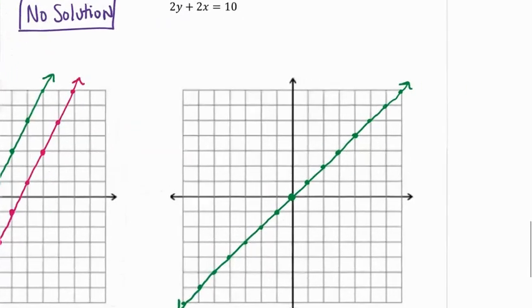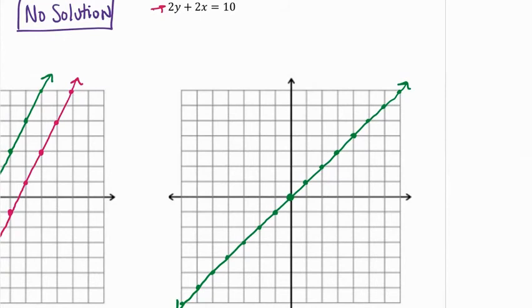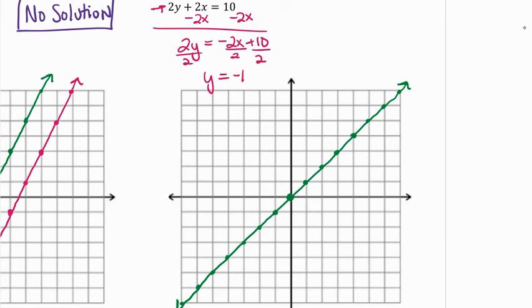All right, and then our second line here, again, not solved for y yet, so I want to get y by itself. I'm going to subtract the 2x on both sides. We get 2y equals negative 2x plus 10. Divide everything by 2. So y equals negative 1x plus 5.